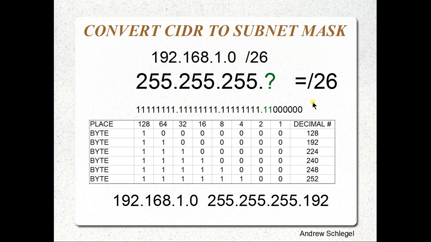So if I make another one of these bits a 1, then that becomes a /26, obviously, because we have 26 network bits. Okay. Well, what is a /26 in CIDR notation? How do I represent that as a subnet mask? Well, same thing. Look at this byte here. When I had 11000000, that was 128 plus 64, which was a 192.